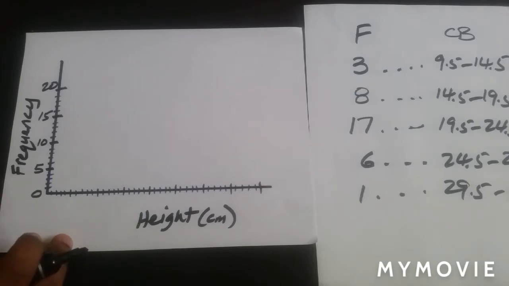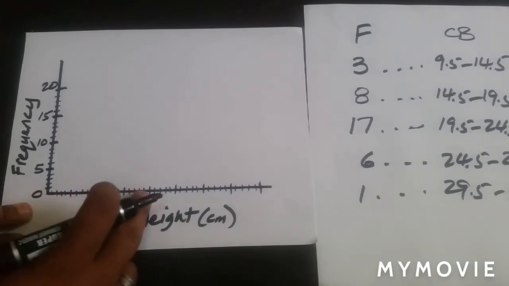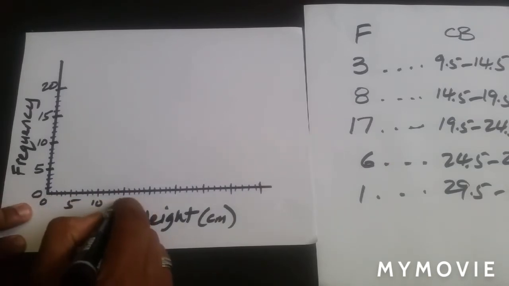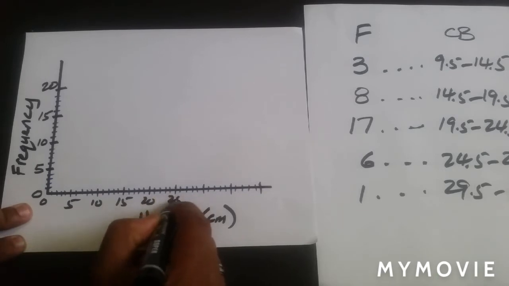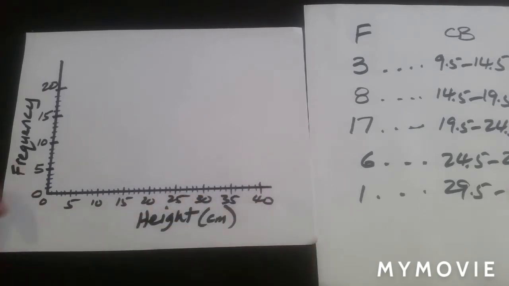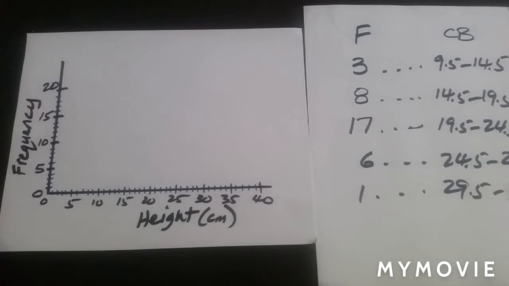And in this particular case, 5, 10, 15, 20, 25, 30, 35, we can use that as well. So 0 here as well, 5, 10, 15, 20, 25, 30, 35, 40. Now this is a crash course and it's a rough sketch, and I know the extreme values I'm working with, which is why I can just number it that way.